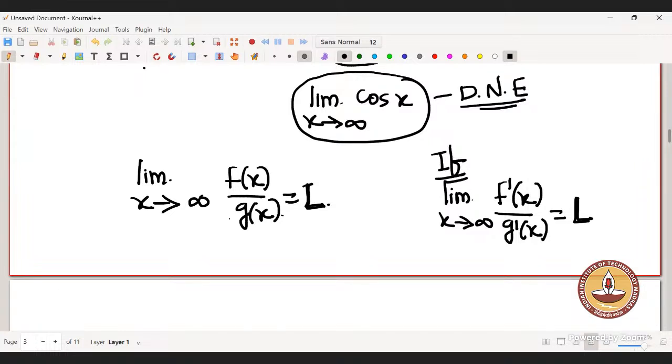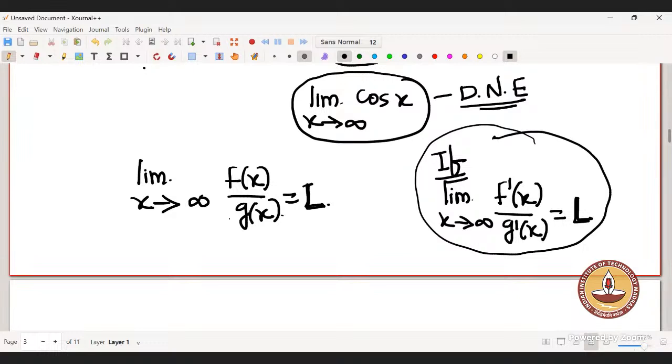L'Hopital's rule is applicable when this limit exists.